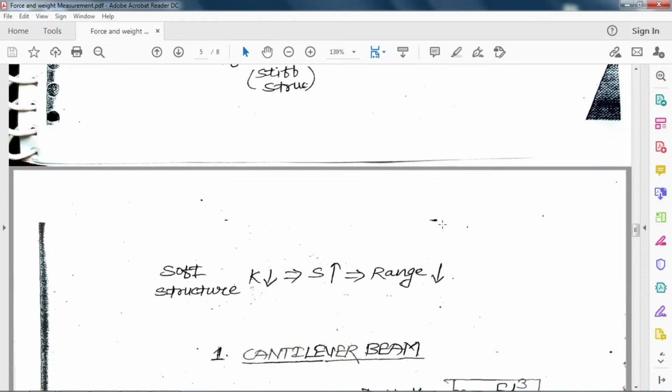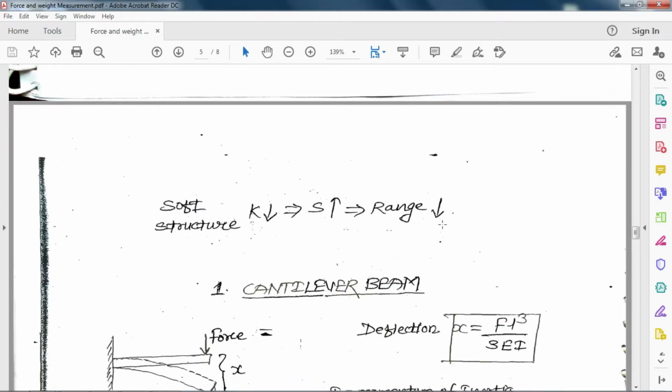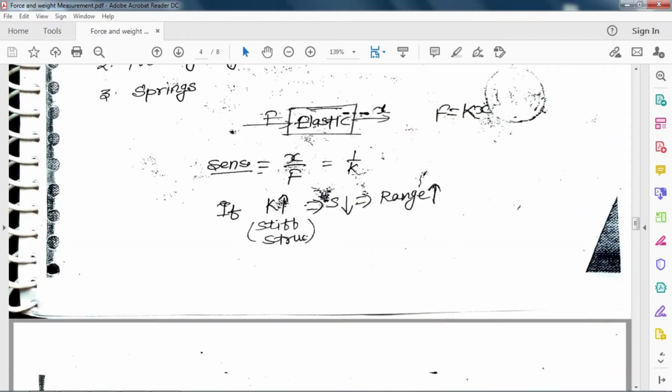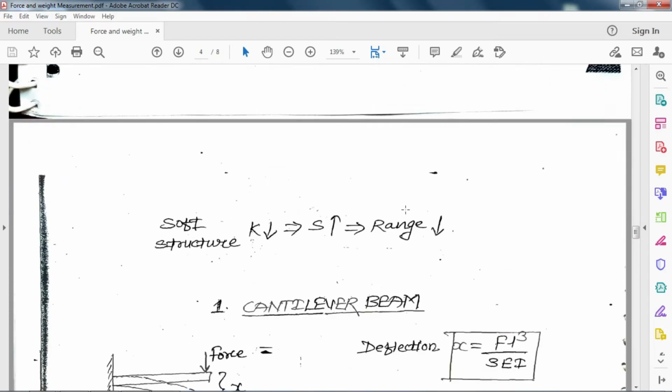If we use a soft structure, our k is less, sensitivity increases, and range decreases. There is a relation with this elastic constant k, which depends on the stiff or soft structure. S is our sensitivity and here is the range.